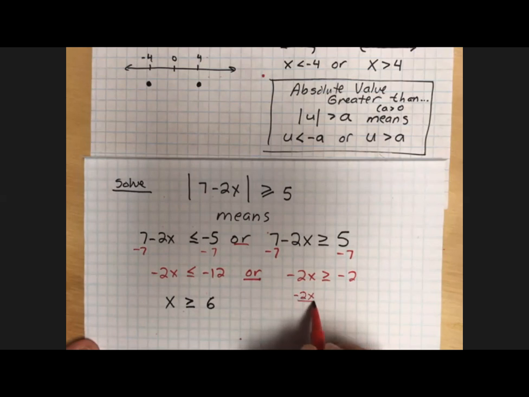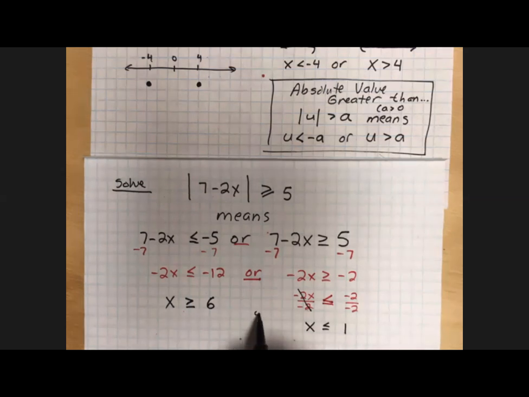I will divide by -2, but the moment I do that, I have to reverse that sign. It is very easy to forget that, so be careful. Now, I got my x less than or equal to 1. And still got an "or."